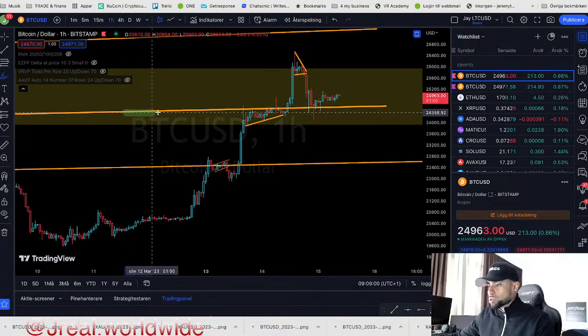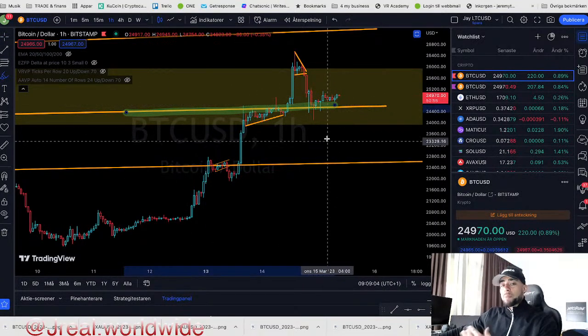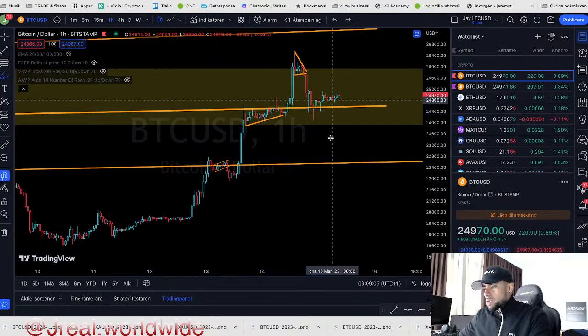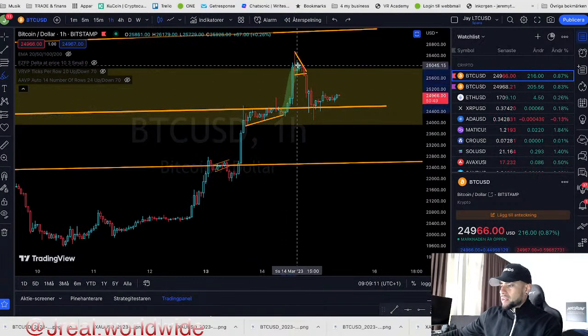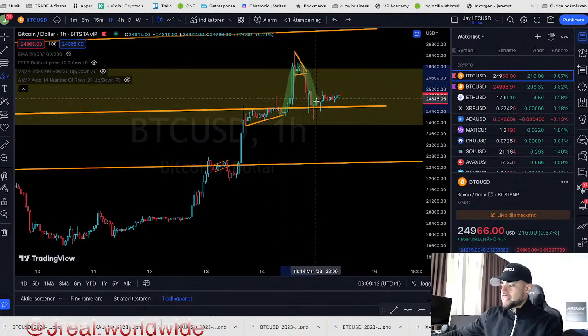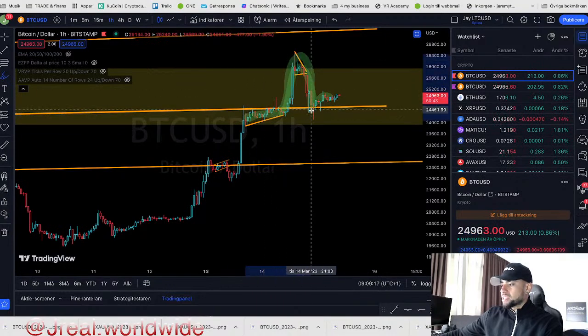And it goes to show also how nicely Bitcoin can respect structure. So we respected it, played around, tested it for a while, and broke in. And now came back and retested it as support again. So here was resistance, came up, retested it as support.